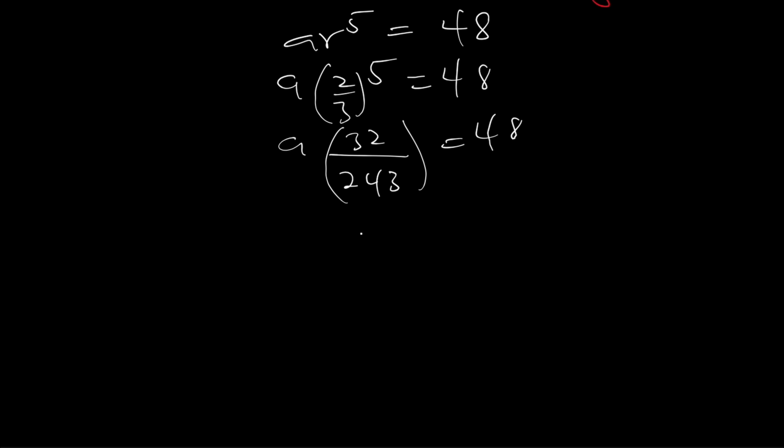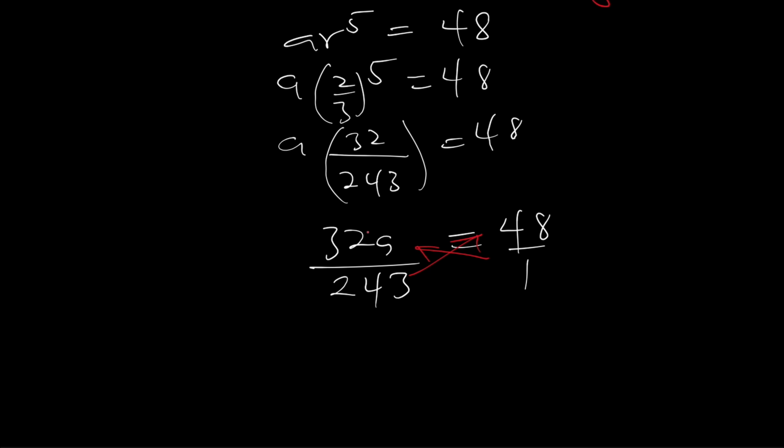So when we multiply, you have 32A over 243 is equal to 48. Now this is the same as 48 over 1. So when we cross multiply, we will have 32A is equal to 48 times 243, and we'll have 11664.